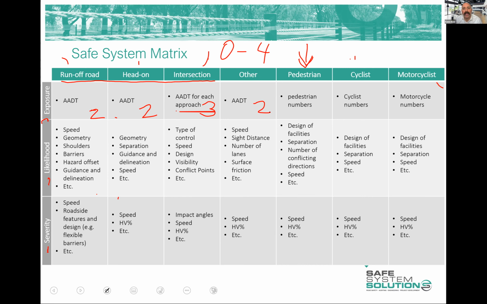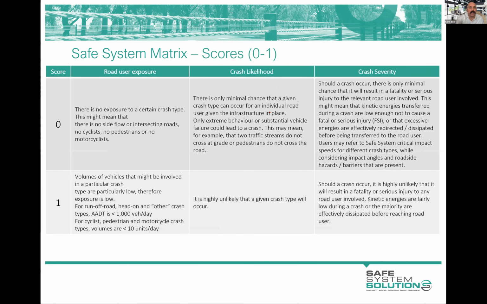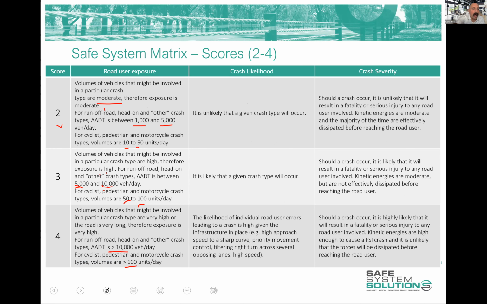You make a judgment call and use the estimate on units per day, thinking about whether volumes of vehicles and pedestrians are particularly low, moderate, or high.